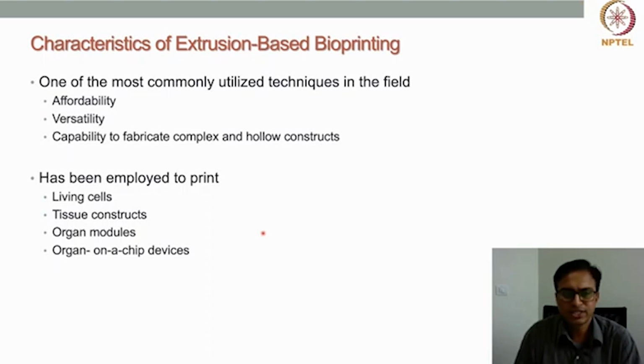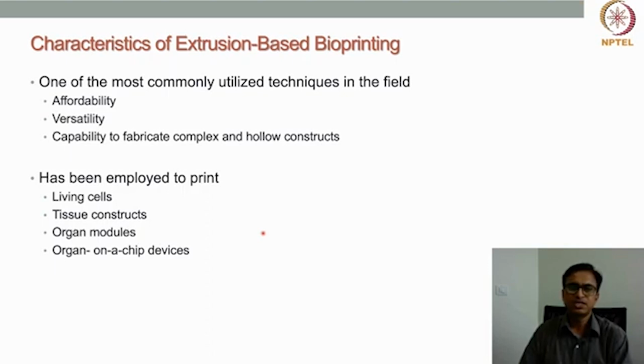So this is highly versatile, and we can print different types of structures and 3D geometries. We can create the geometry and then fabricate it with this kind of bioprinter.